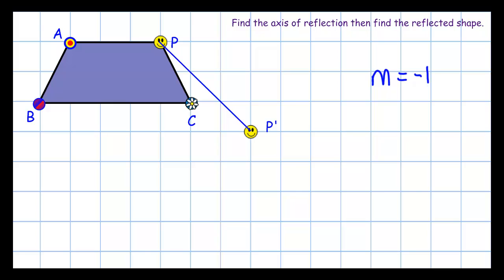So the perpendicular slope, the axis of reflection, is going to have a slope of positive 1. So that means we need to go up 1 and over 1, up 1 over 1.